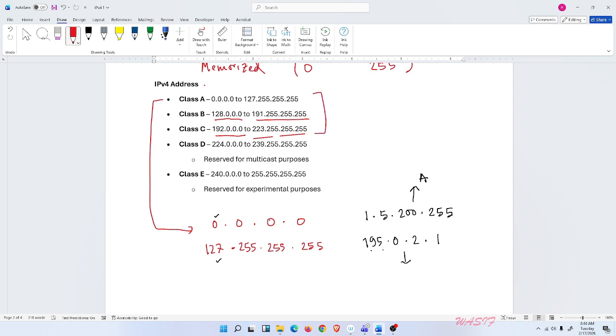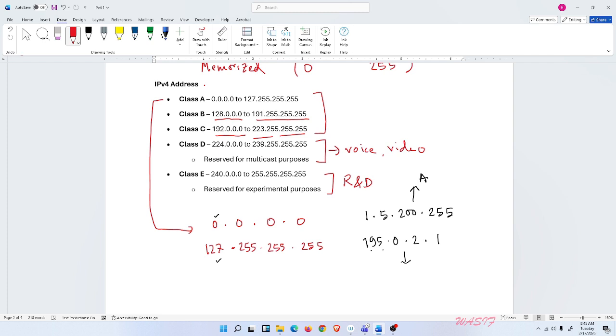Class D is reserved for multicast. It is mostly for voice and video. So if you do CCNA collaboration or CCNP collaboration, you will need this one. And class E is used for experimental purposes, which you can say research and development.